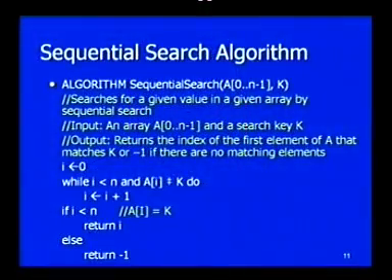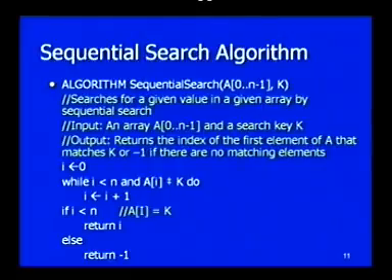So, this is the algorithm for sequential search. You can see the algorithm can be written in different ways. I told you last time that writing an algorithm in plain English may cause problems because natural language has lots of ambiguity.